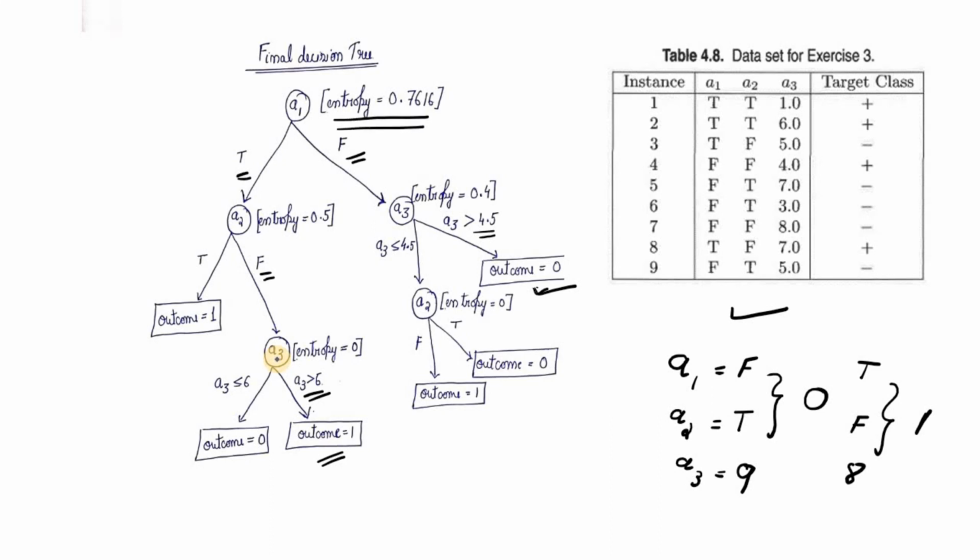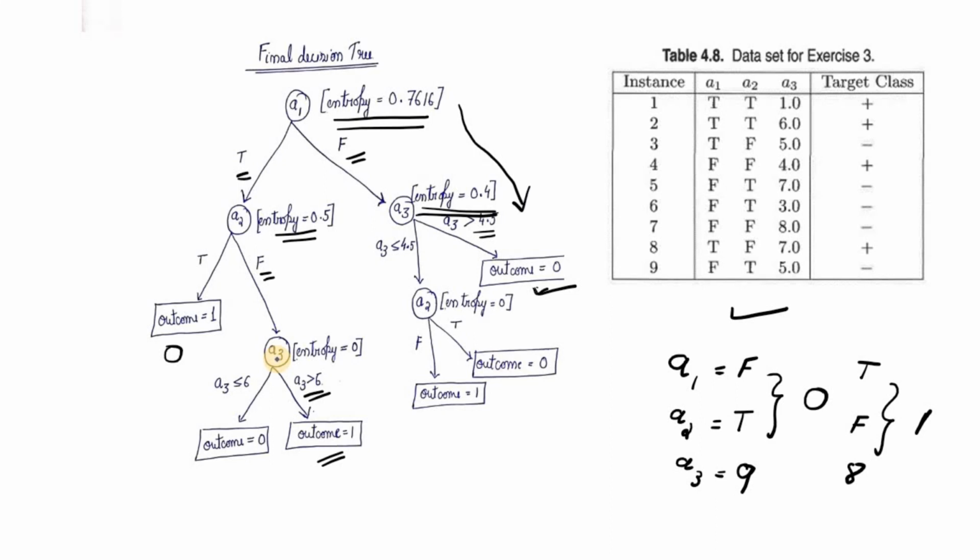A2 was a parent node to A3 and a leaf node. It has an entropy of 0.5, and the leaf node obviously will have an entropy of 0, and A3 will again have an entropy of 0. Similarly, A3 over here has an entropy of 0.4. So what we can see is that as we grow more and more leaves, the entropy keeps decreasing.